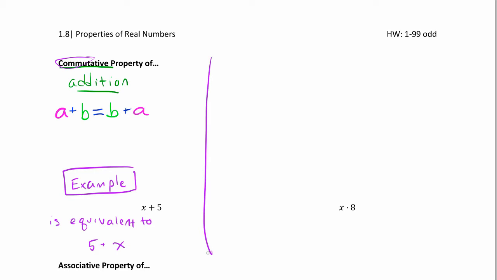We also have a commutative property of multiplication. Very similarly, that says if I take two numbers and multiply them together, a times b is exactly equivalent to b times a.